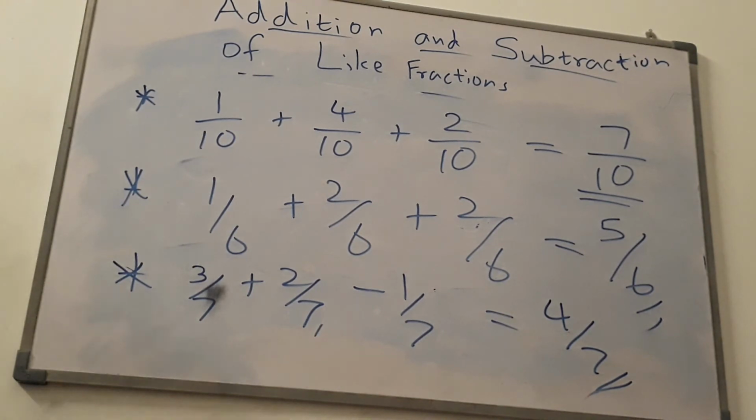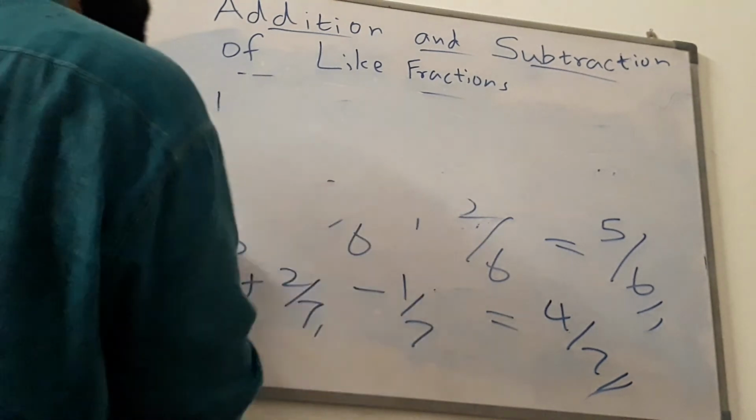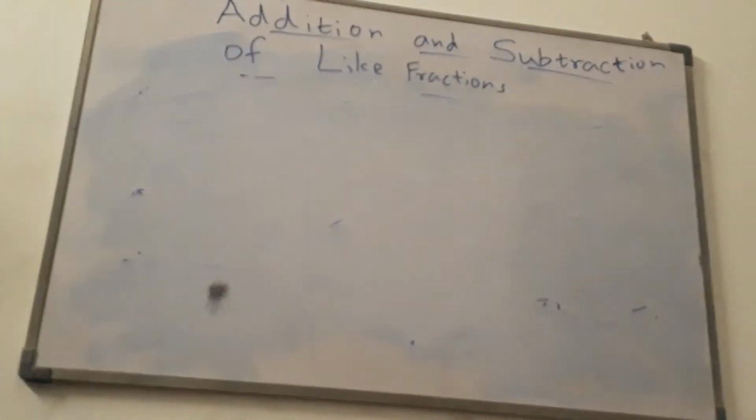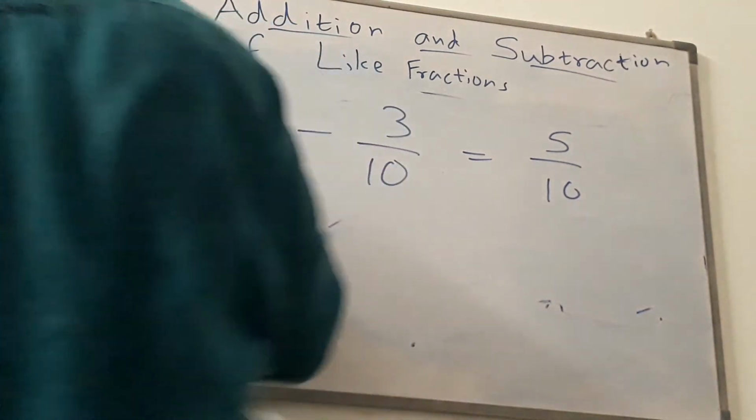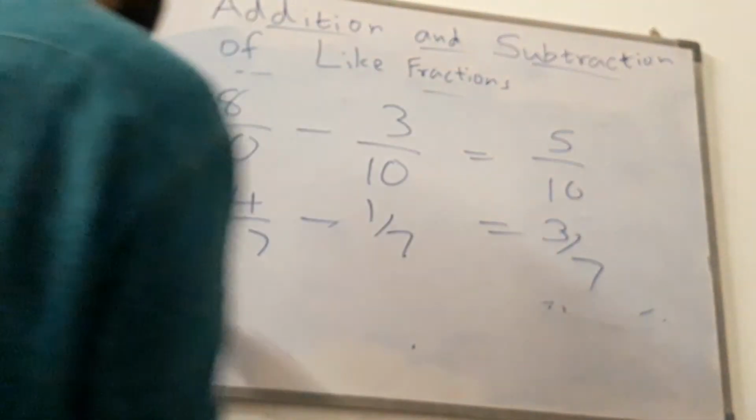3 more sums. 8 out of 10 minus 3 out of 10. 8 minus 3 means 5 out of 10. Same as 4 out of 7 minus 1 out of 7, 3 out of 7.